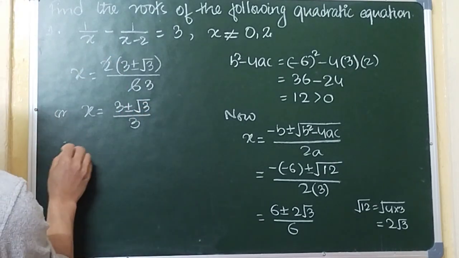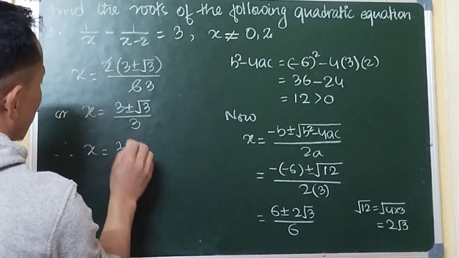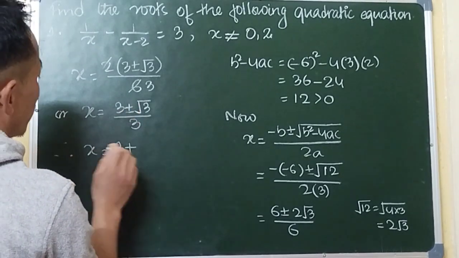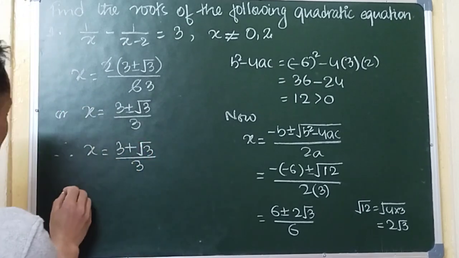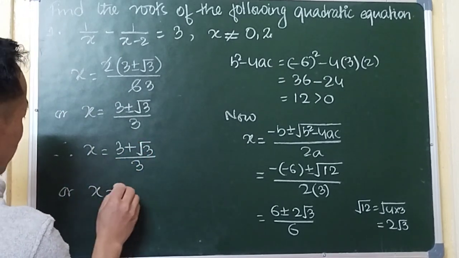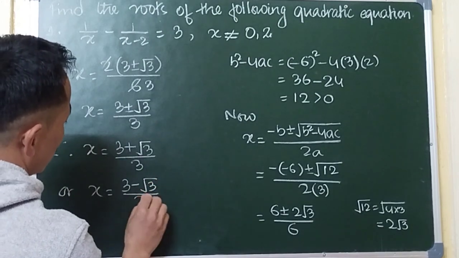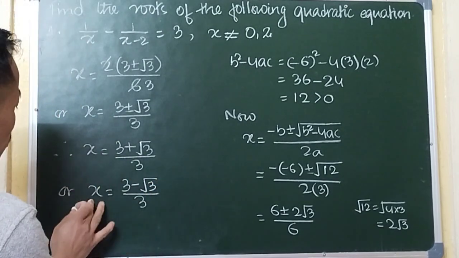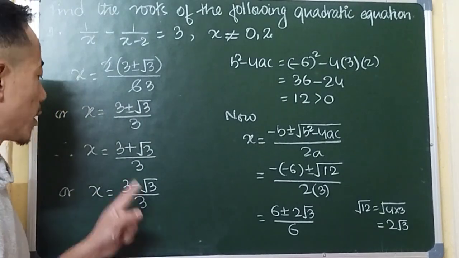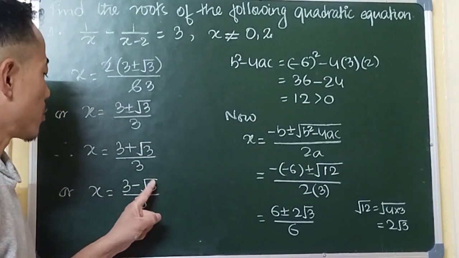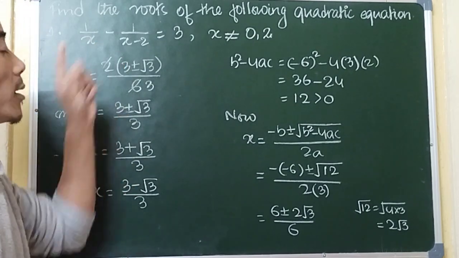We have plus minus here, so one root will be 3 plus root 3 divided by 3, and the other root of this equation will be x equals 3 minus root 3 divided by 3. So therefore the two roots of the given equation are 3 plus root 3 divided by 3 and 3 minus root 3 divided by 3. So these are the two roots for this particular equation.